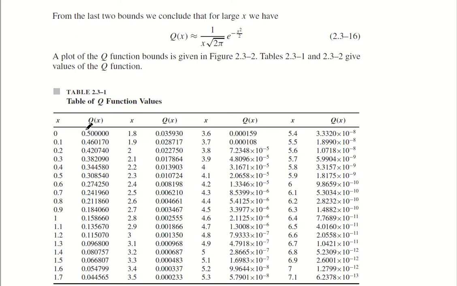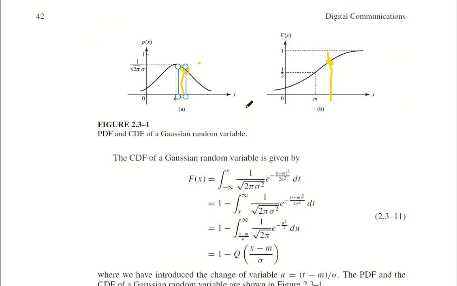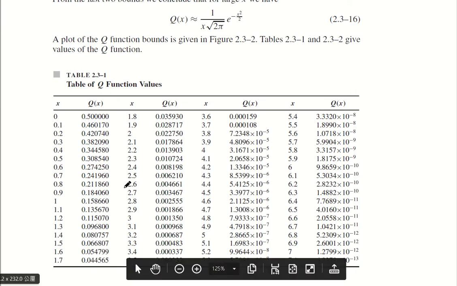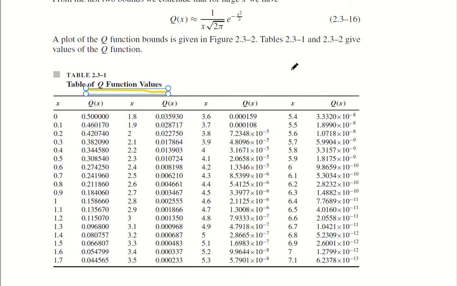For example, Q of 0 is 0.5, because the probability density function is centered around 0, so anything larger than 0 has probability 0.5. As x goes larger, the probability becomes smaller and smaller. This is the value of a Q function.